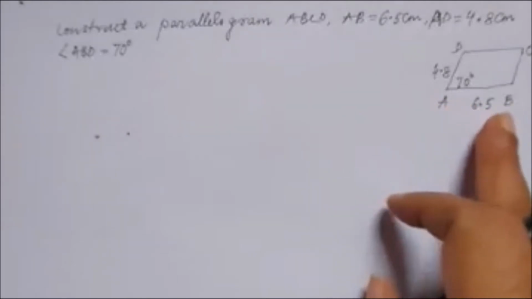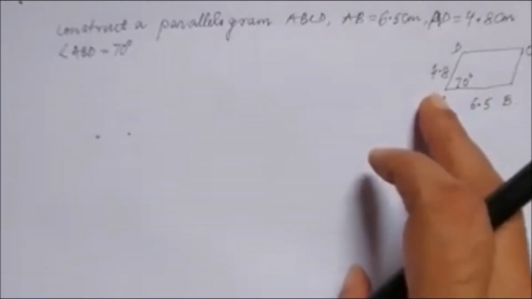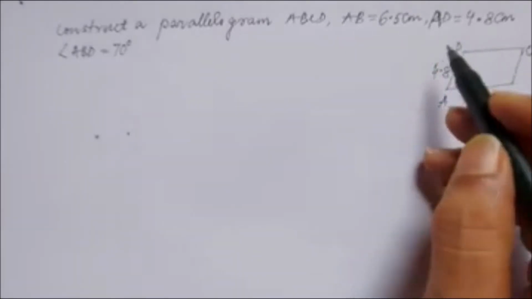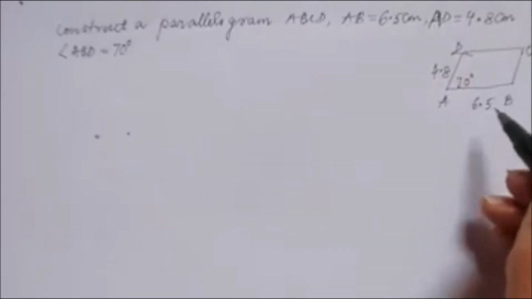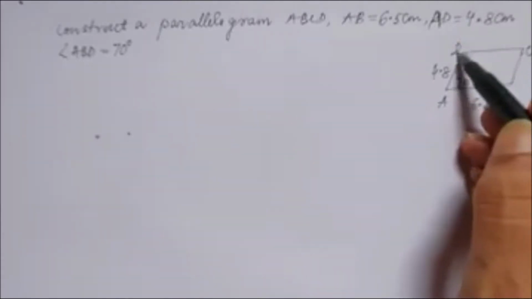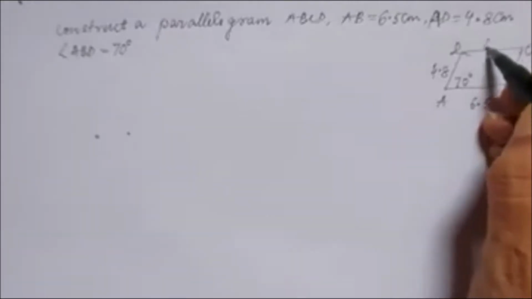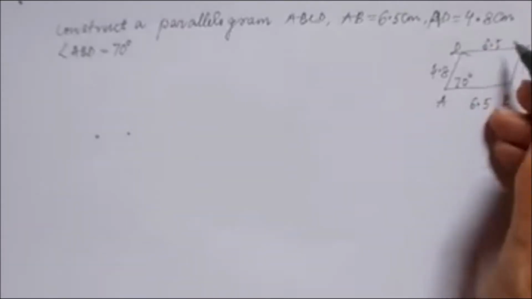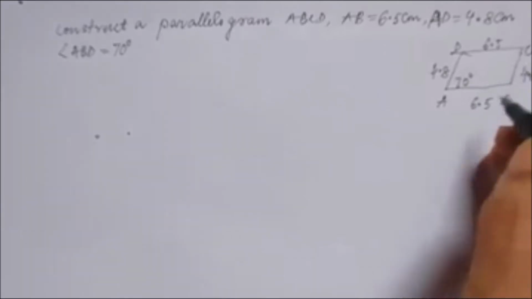So next I'll go 6.5, and at A I'll draw 70 degree. Then from AD I'll draw 4.8, and from D I'll draw 6.5, because we know the opposite sides are equal, and here BC is same as AD. This is also 4.8.